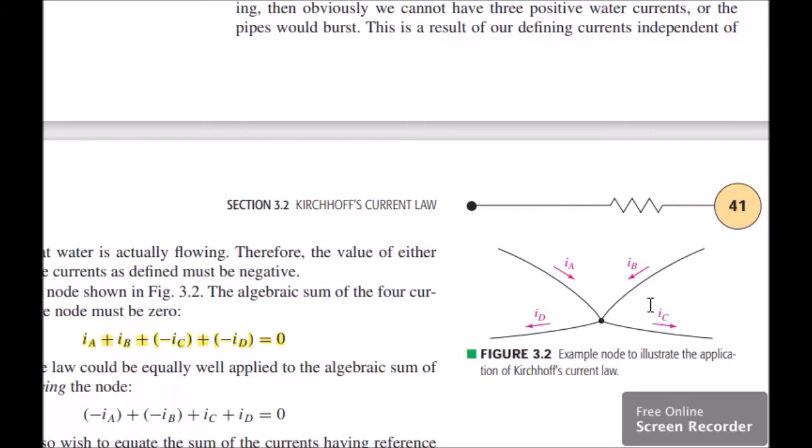Pag papasok, positive. Okay? So, plus negative IC kasi palabas, plus negative ID kasi palabas, and that should be equal to 0.